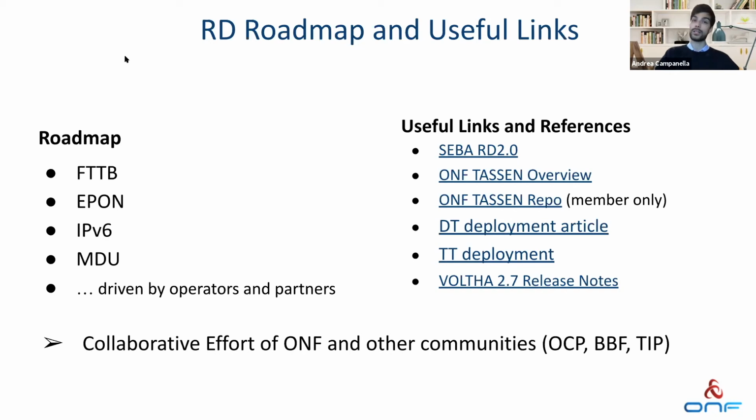We want to include parts of EPON, especially for the Asian Pacific market, such as Japan or Korea. IPv6 is definitely something that will come as a big part in the future. And also the MDU is something very important for our operators.